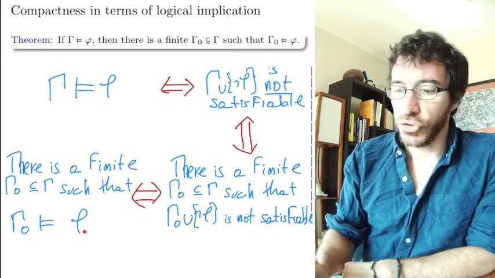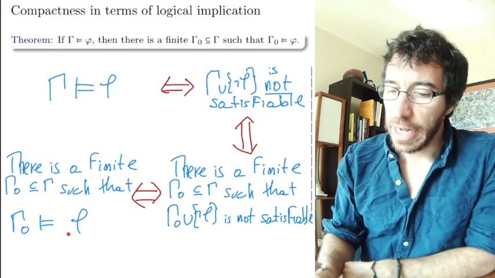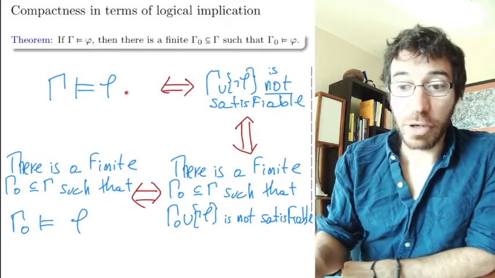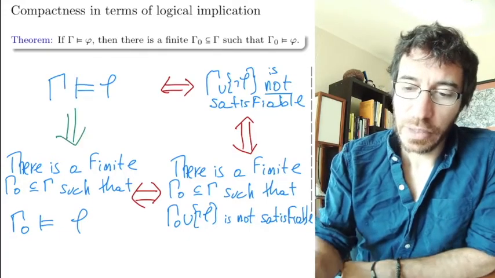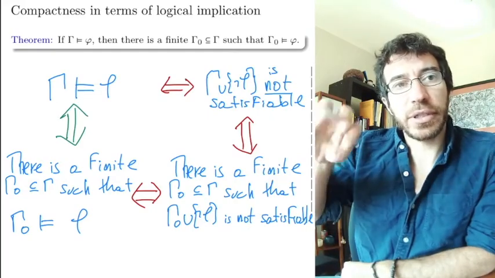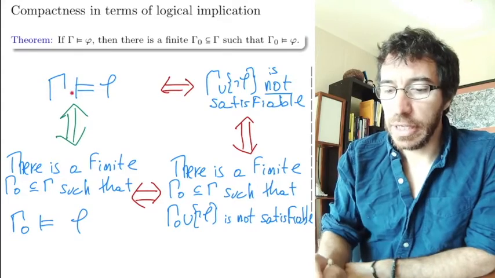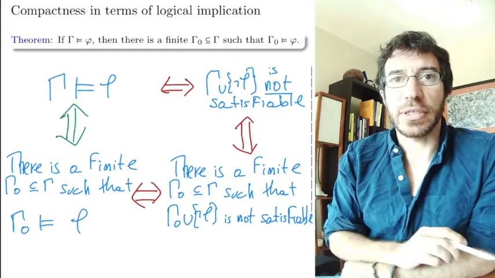All right, so that's what we're using right here, same argument as above. And now that we have that these three are all equivalent to each other, we get therefore that these two are equivalent to each other by going around the circle, right? So a set of sentences gamma implies phi if and only if some finite subset already implies phi. That's what the theorem says.